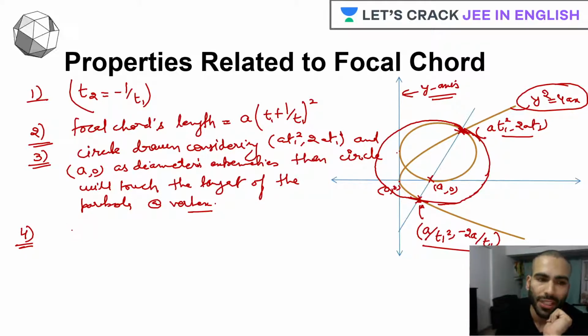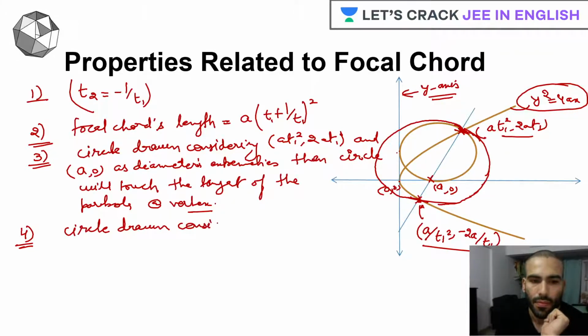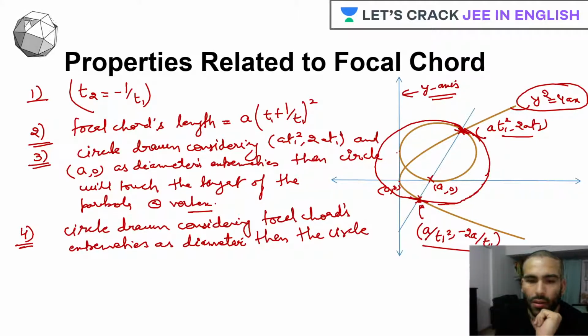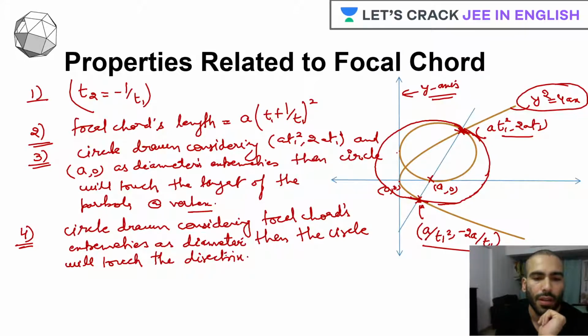Now we have the focal chord's extremities: the circle drawn considering the focal chord's extremities as diameter will touch the directrix. Okay guys, so remember this.